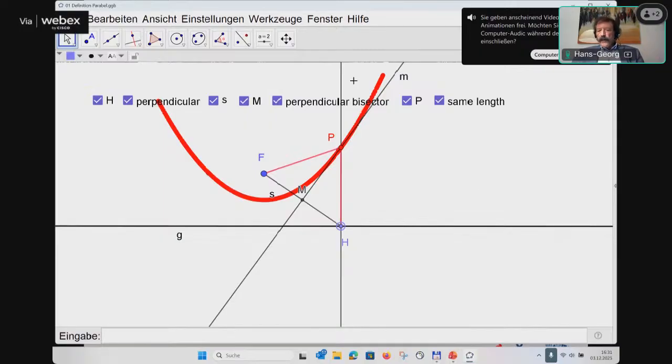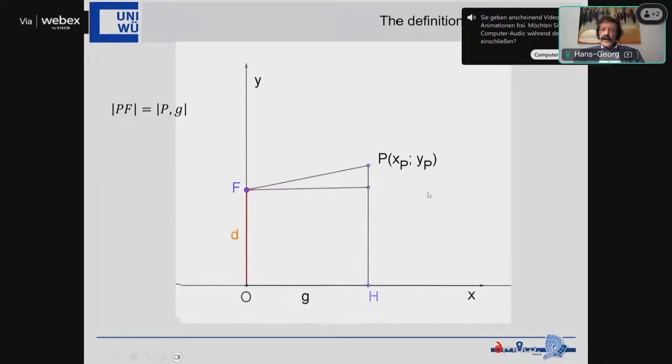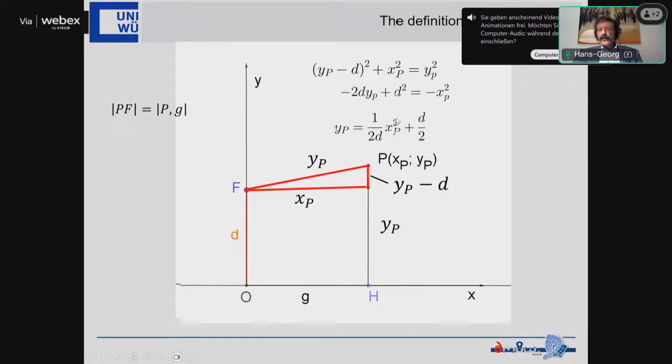Yeah, this is the geometric definition of a parabola. And if we transfer it to algebra, you can show that you can calculate, but I don't do it now here in detail. If you use the Pythagorean theorem, and you have this condition that P has the same distance from F to H, then you get the formula of a parabola.